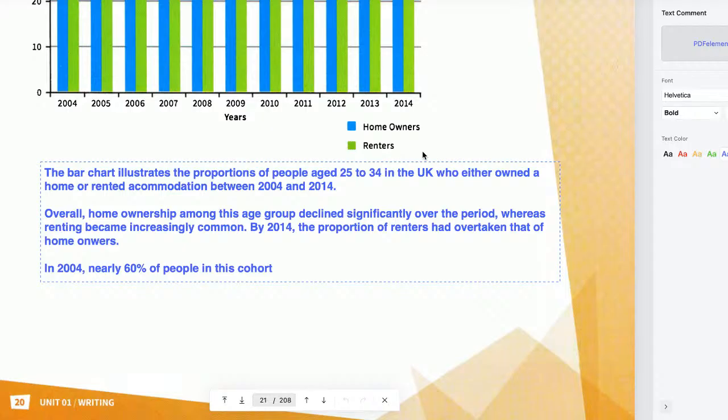Let me spell that. C-O-H-O-R-T. Cohort means a group of people who share a characteristic, usually age. I mean, they share a similar age.